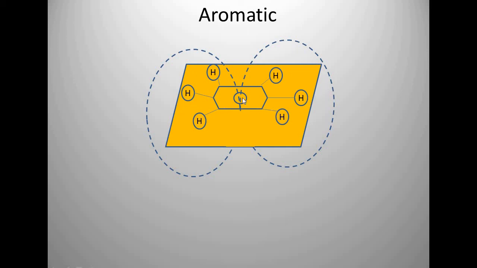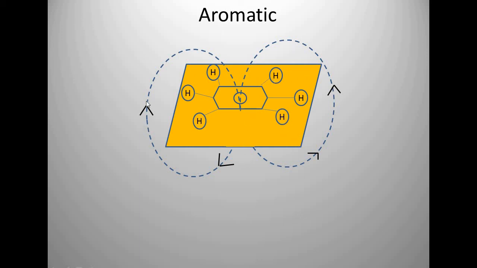The pi electrons generate an induced magnetic field in this direction. Consider your proton is in this corner, this proton in this corner, and this proton here.